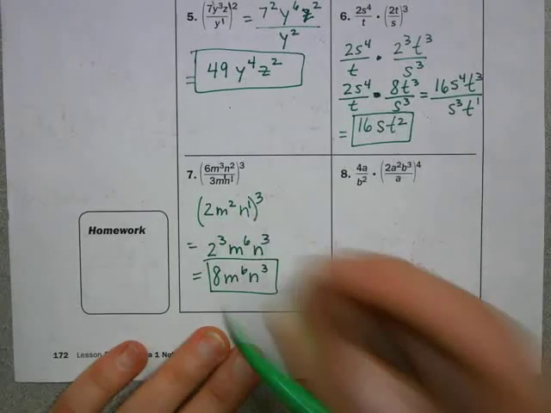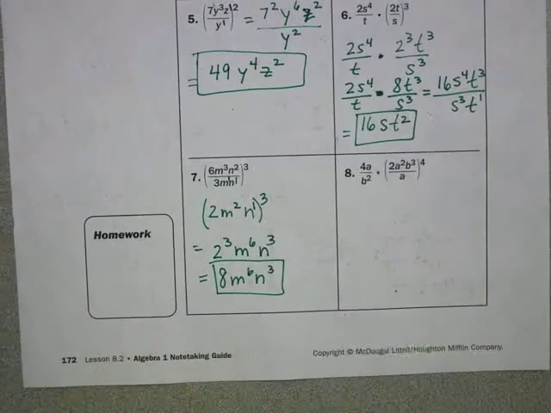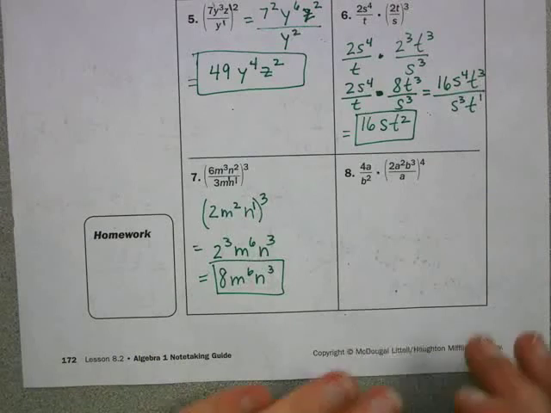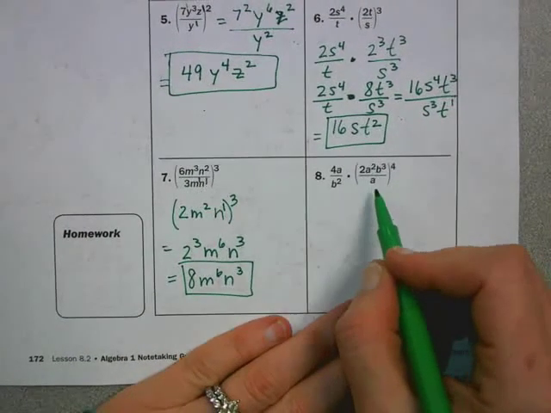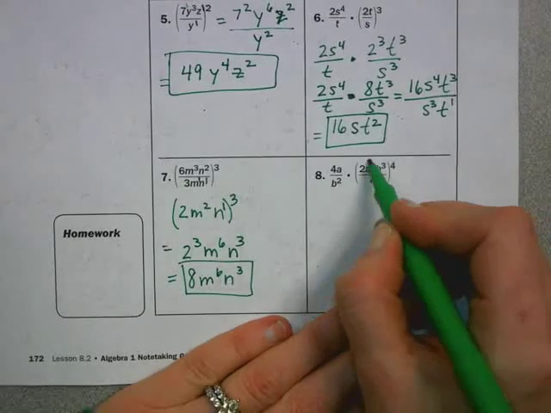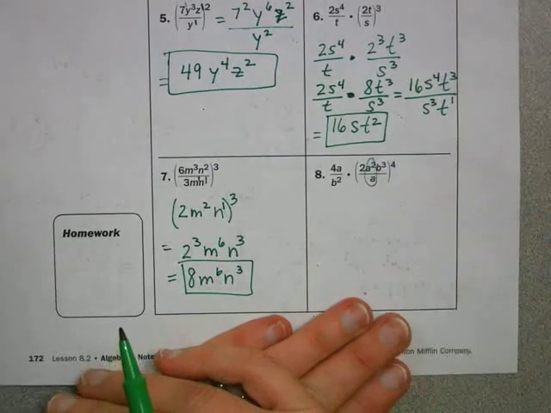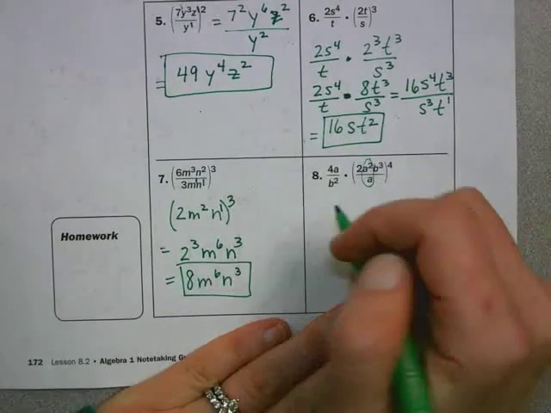Okay, last guy. So this one, woo, it looks pretty complex. So I don't know what I want to do first. I think I'll deal with these a's right now just so I end up not dealing with division there. So I'm going to do 4a over b squared in this part.